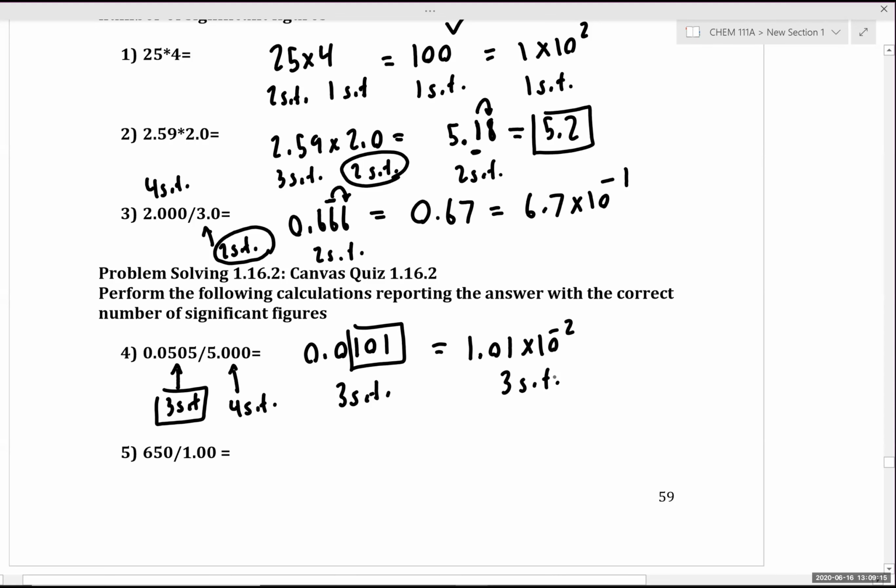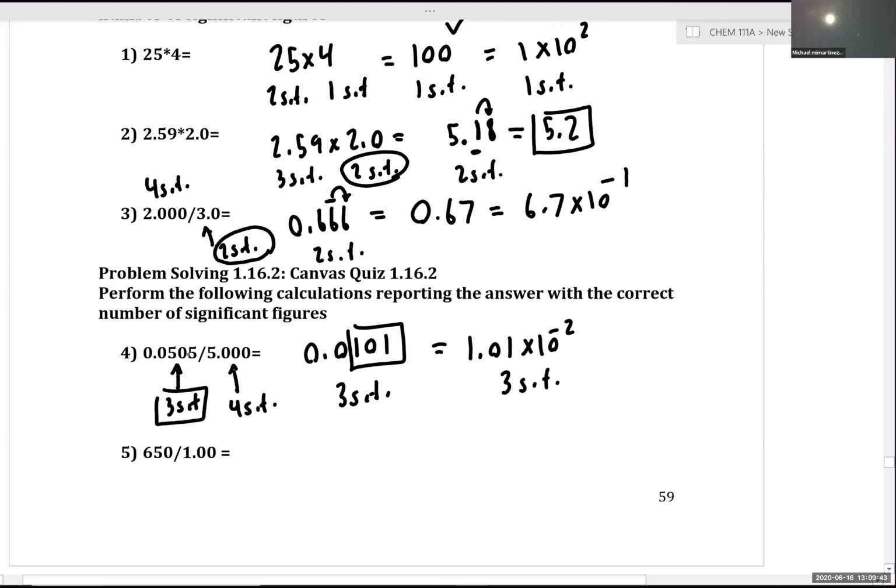Wait, so why is it 3 sig figs for 0.0505? Because the leading zeros are not significant. Okay, so the first zero is not significant, and then what about the zero after that? The 2 zeros that are before the first non-zero number are not significant. Okay. The 0 in between 2 non-zero numbers is significant.